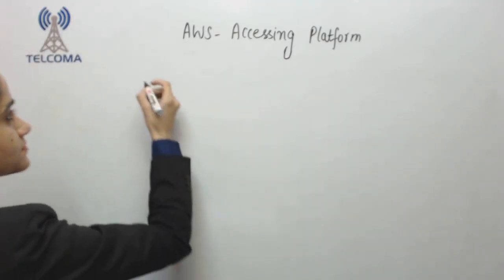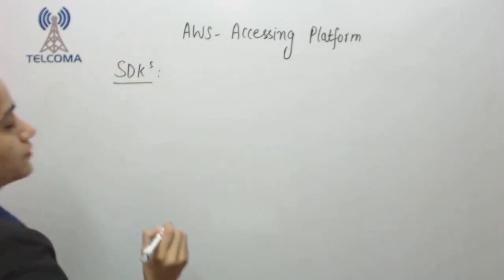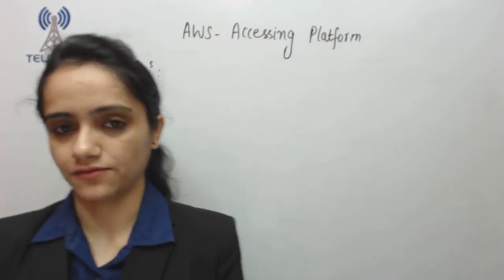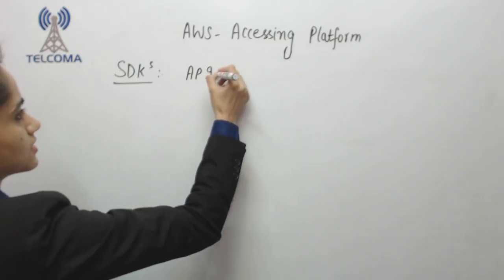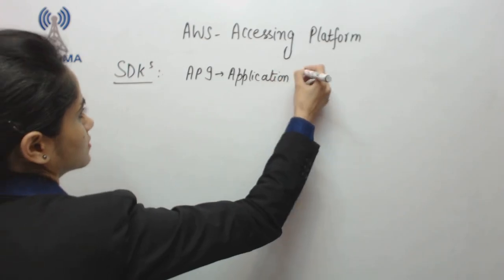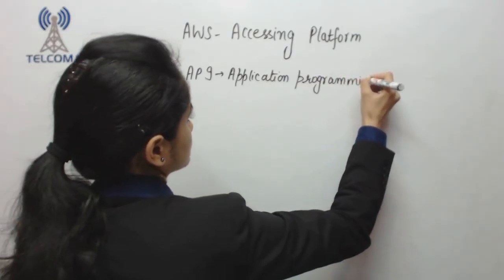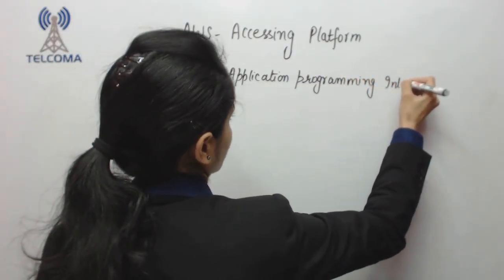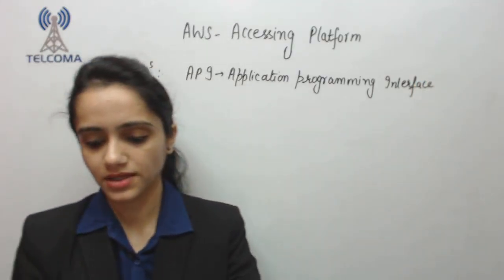Next we have software development kits, with the name SDKs. Now this is an application programming interface. So we have this as an API, an application programming interface.